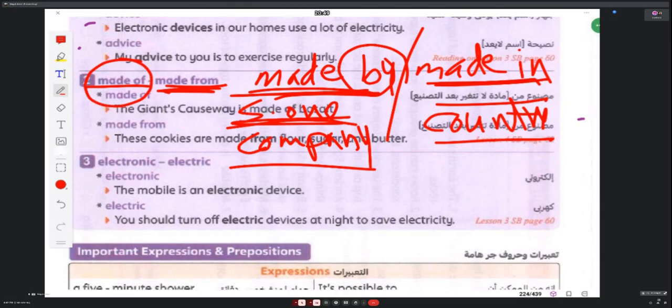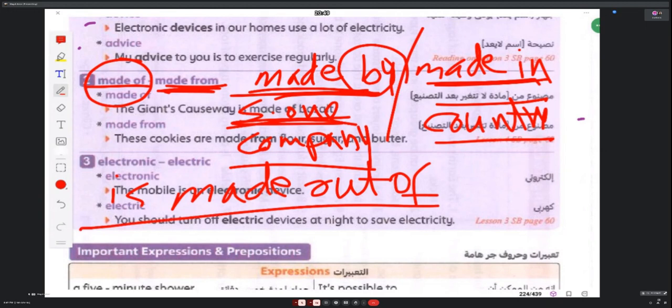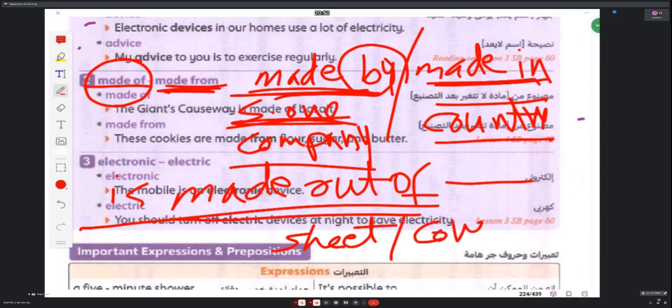Okay. Made out of, is made out of. I use an old thing to make something, so I use is made out of. So, for example, I have a sheet or a cover, an old one.